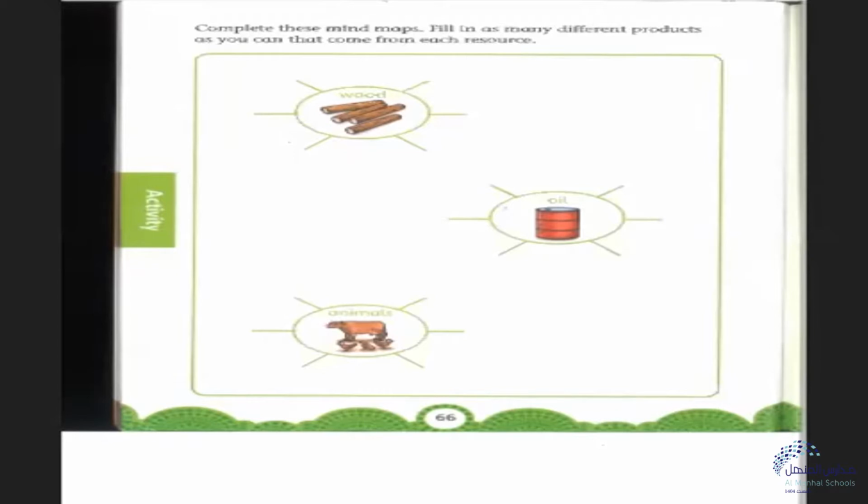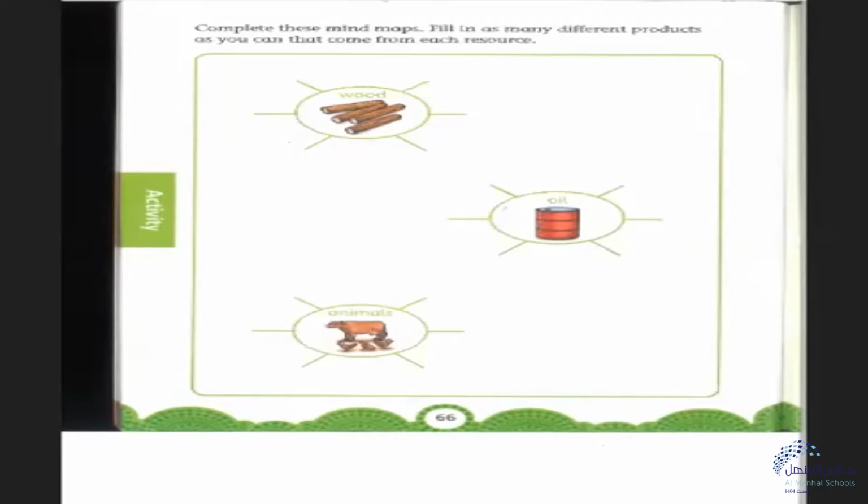If you didn't do it, you must do it now. Okay? So it's a social studies activity book, page 63 to page 73 in the activity book. And the topic is using resources and local trade and industry.